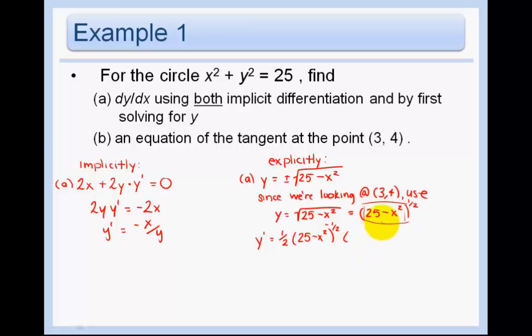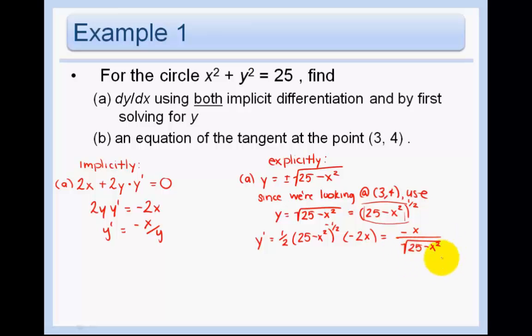So the derivative of this is just negative 2x. In other words, we get negative x over root 25 minus x squared.